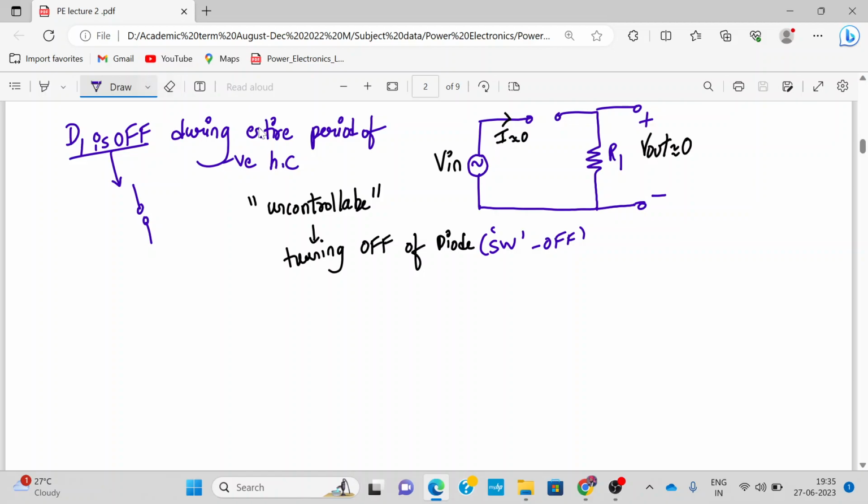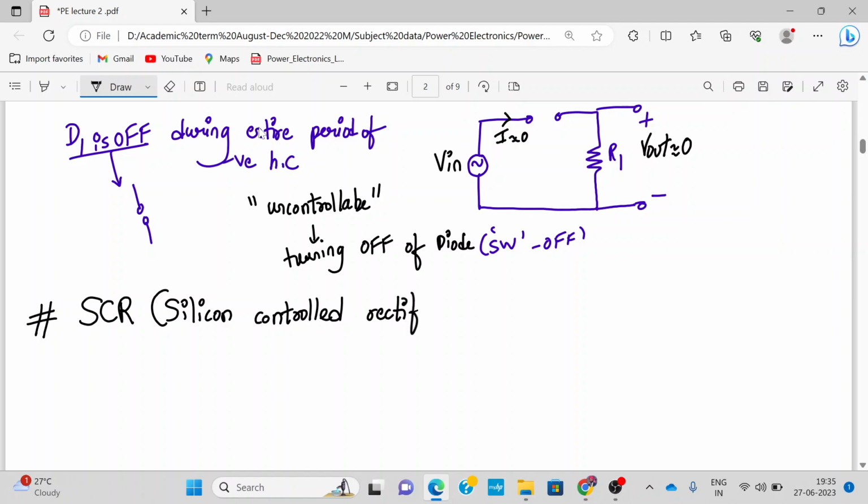So that gives rise to a new power device, that is SCR. SCR stands for silicon controlled rectifier, and that's the second power device which we are going to study.